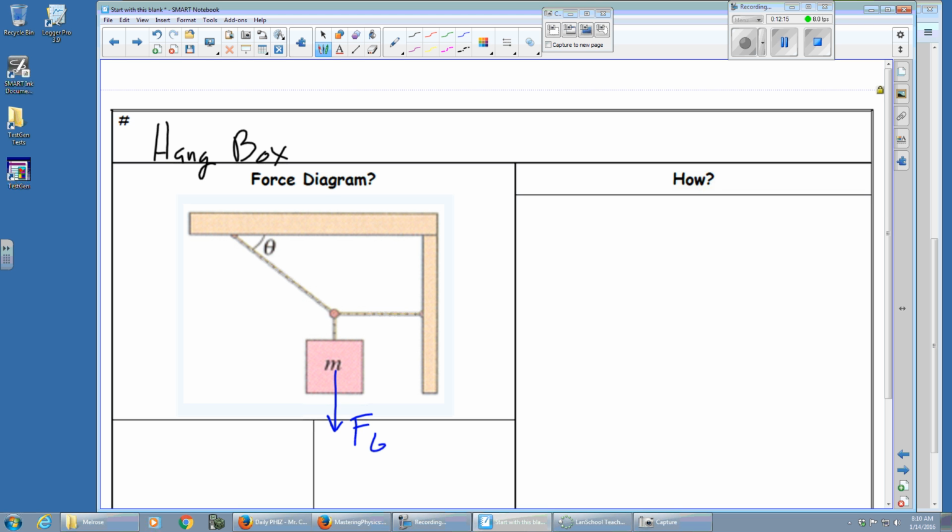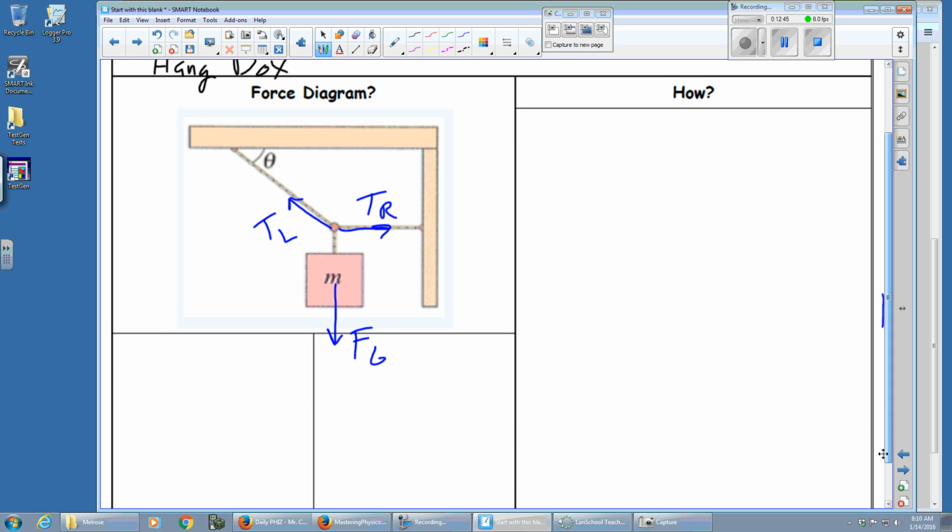I'm going to forget about this little cord here and just assume that these two attach right at the box. I could do that little cord, but it's just going to be part of it. So I'd have, let's call this TR for right hand and TL for left hand. And that's really my free body.